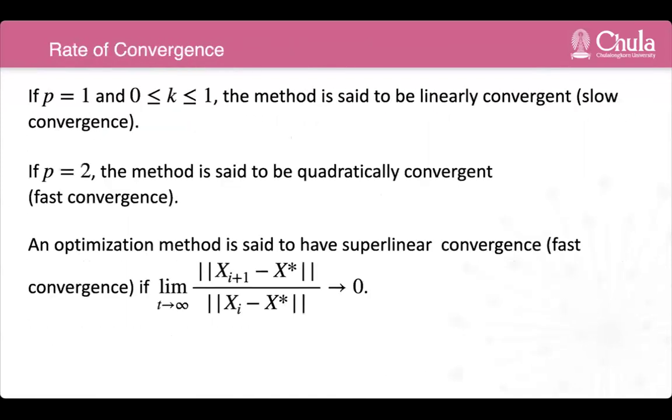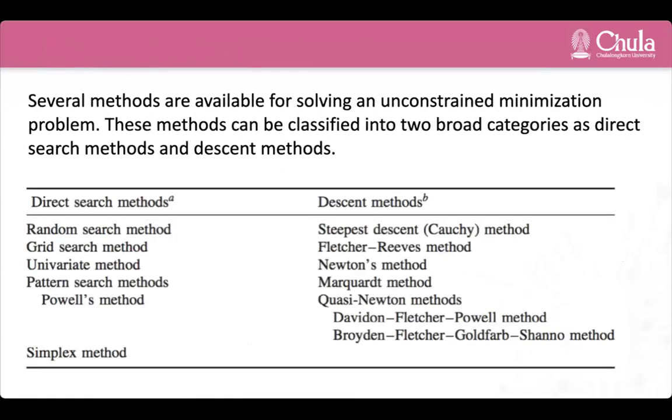The first class is direct search methods, and the second one is descent methods. For the first one, we don't need derivatives. Even the univariate method and Powell's method don't take derivative information. Now we move to the descent method, and of course, we need the derivative.